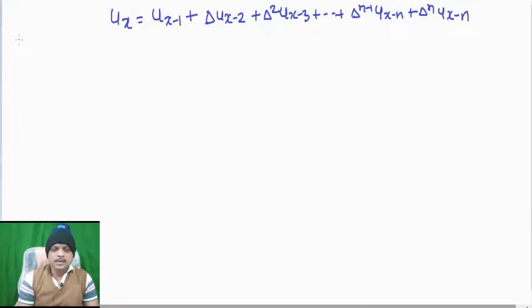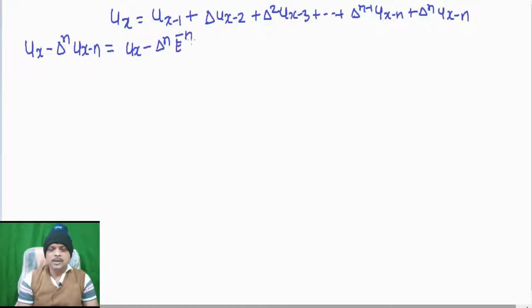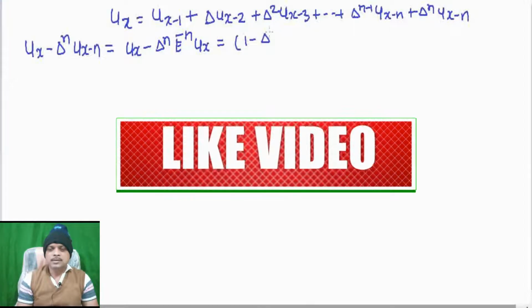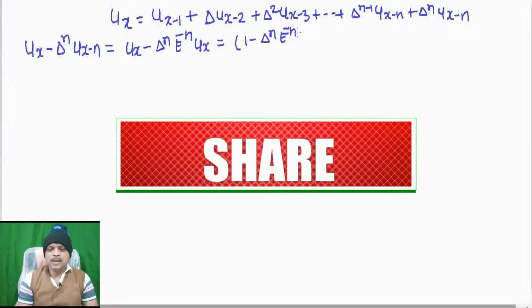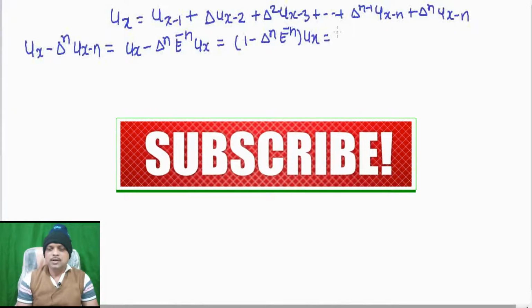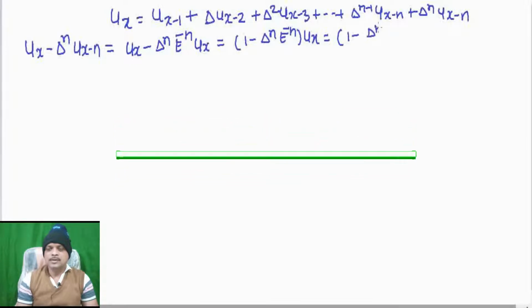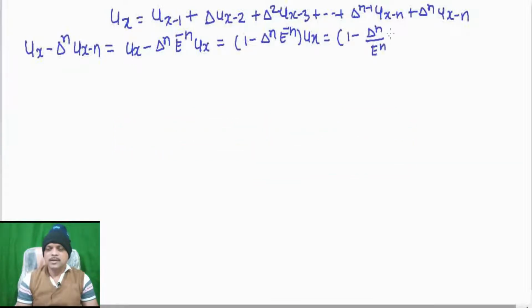Friend, if we consider these two terms, ux minus delta raised to n ux minus n, then we write this as ux minus delta raised to n into e raised to minus n into ux. Now take ux common: 1 minus delta raised to n e raised to minus n into ux, or we write this as 1 minus delta raised to n divided by e raised to n into ux.